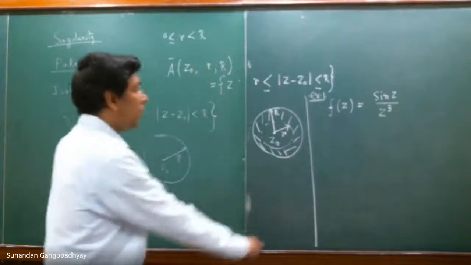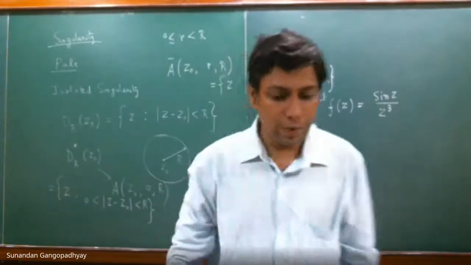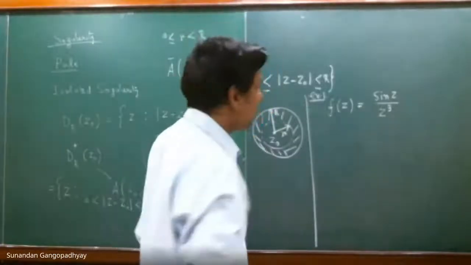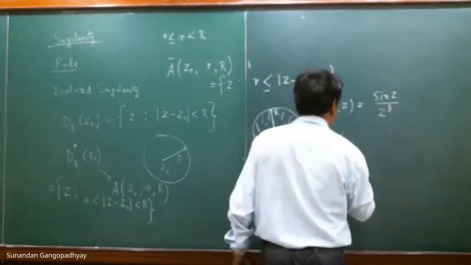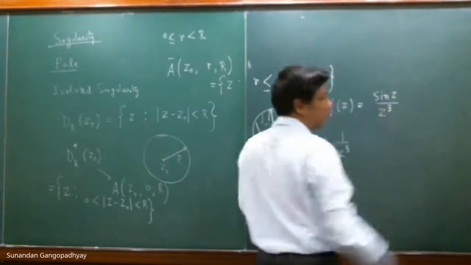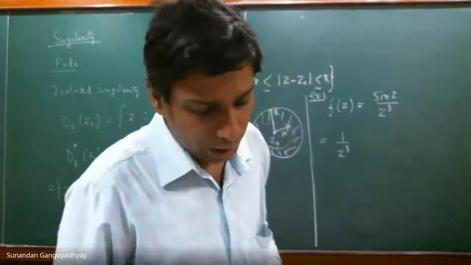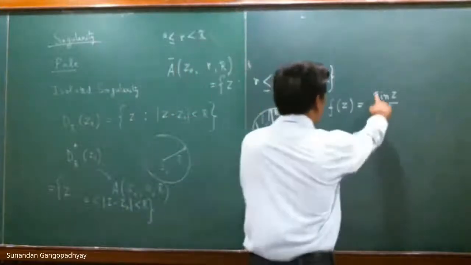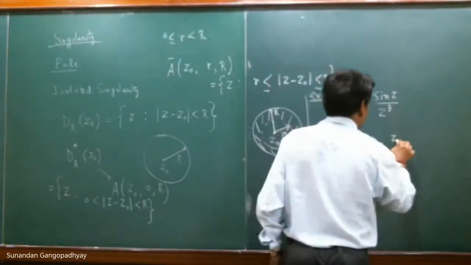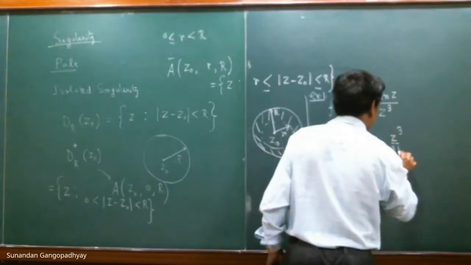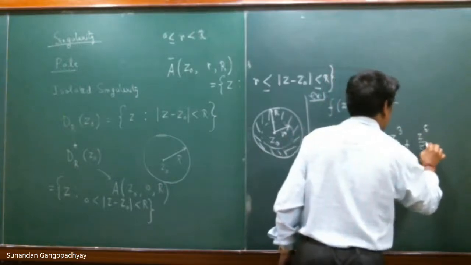We shall look at the singularity structure of this function. You know that sin z has an expansion like this. I hope all of you are familiar with this expansion of sin z.